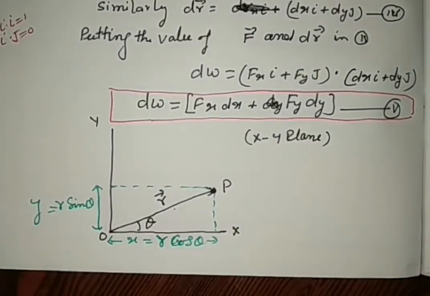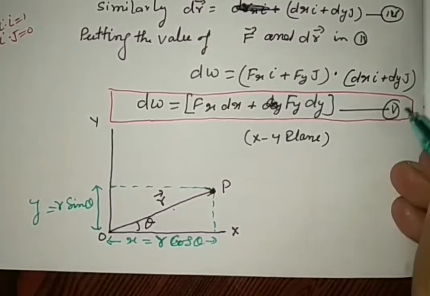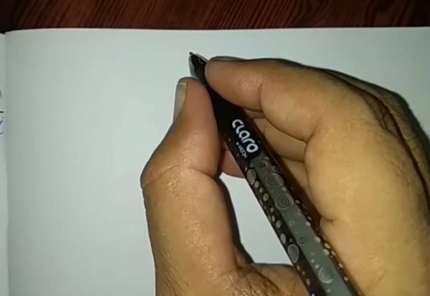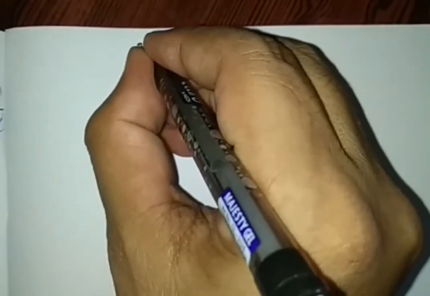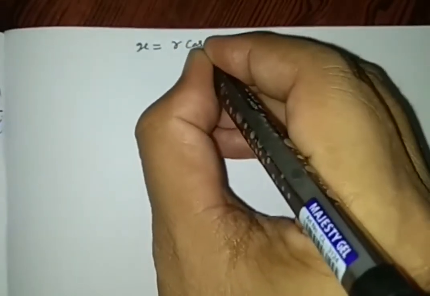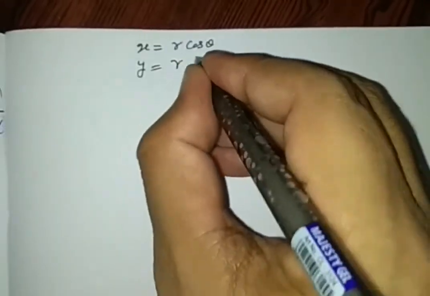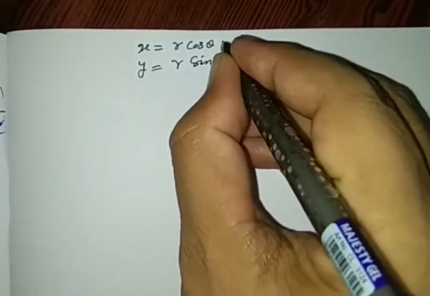Now see how we are going to implement these values in equation number 5 on the next page. So here in this diagram, x is given as r cos theta and y is given as r sin theta.